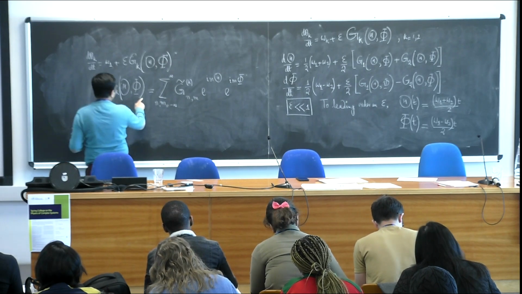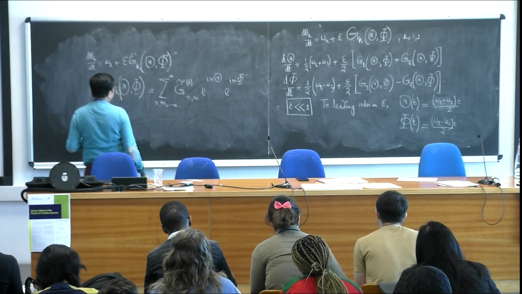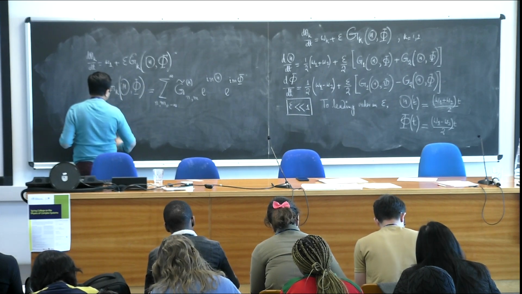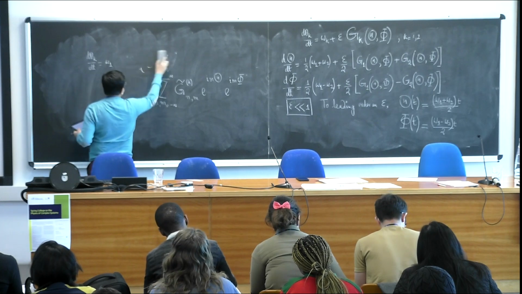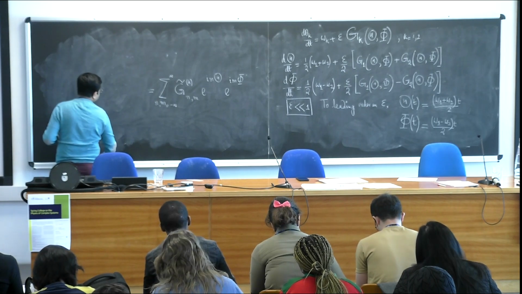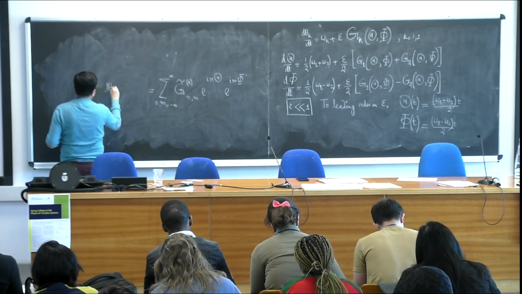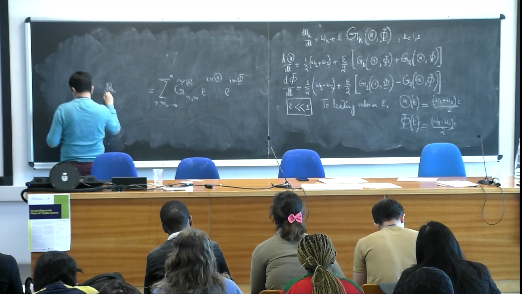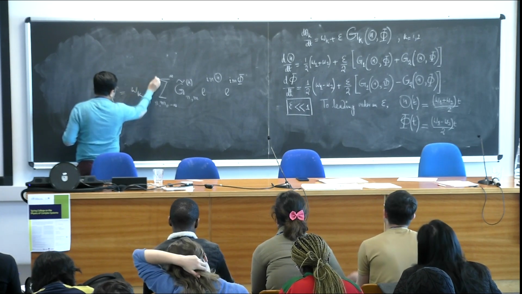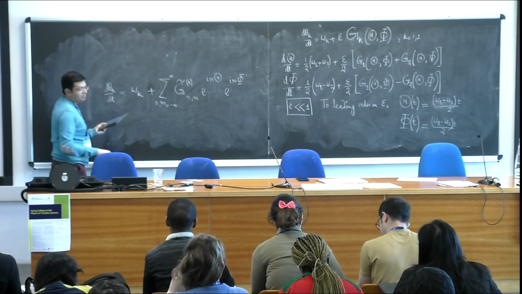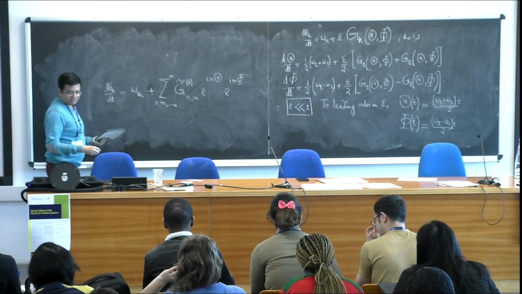So what I do is that I do this Fourier transform and I plug it back there. So I hope you don't mind if I erase this here and rewrite this equation here. Did you mind? No, no? Okay, you didn't mind.